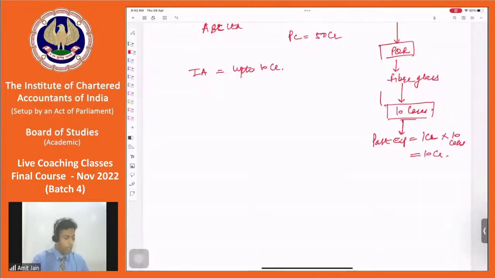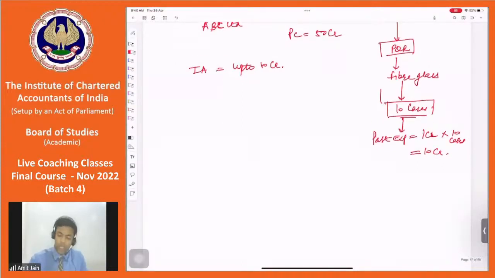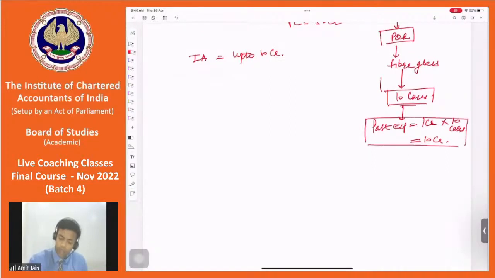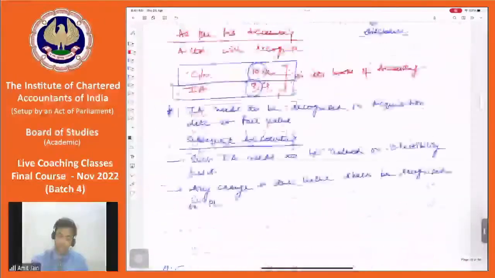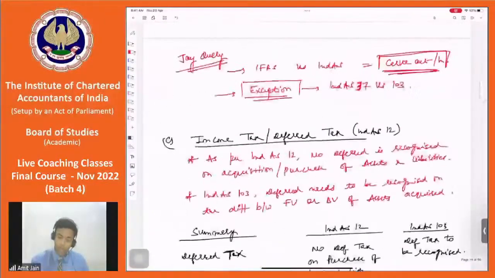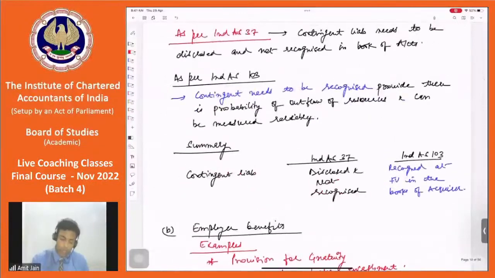But they are often settled for a small amount. ABC Limited makes an assessment of the court cases and decides that due to the potential variance in the outcome, contingent liability cannot be recognized. Contingent liability cannot be measured reliably, and accordingly no amount is recognized for the court cases. So what we said in the concept is that contingent liability will be recognized only if there is a probability of outflow of resources and it can be measured reliably.